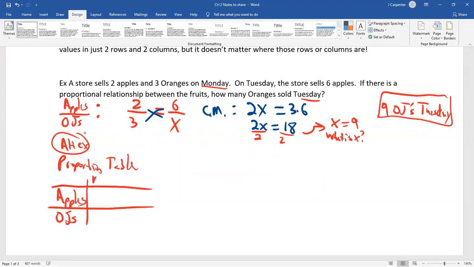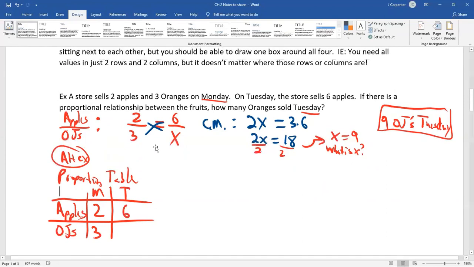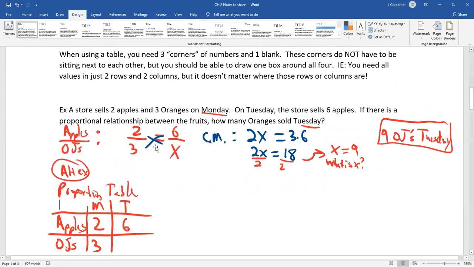We sold some apples on Monday, we sold some apples on Tuesday, we sold some oranges on the same days. So 2 apples and 3 oranges on Monday, and then we sold 6 apples on Tuesday, and this spot is blank. So this is a proportion table. This is how it could have been set up as well. So same exact numbers, same exact answer, just a different setup.